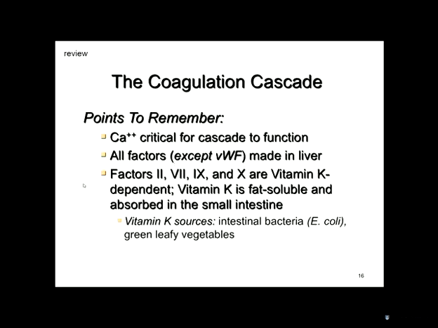And then there are these other factors which are vitamin K dependent, which means we need our vitamin K, which of course you'll remember is produced by our intestinal bacteria, E. coli, and you need your green leafy vegetables. Everybody having green leafy vegetables for dinner today? Okay, good. All right, so you need your vitamin K so your liver can make vitamin K dependent coagulation factors, and your E. coli will be happy too.